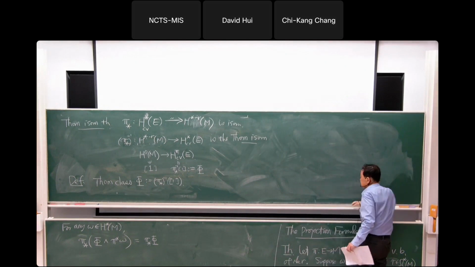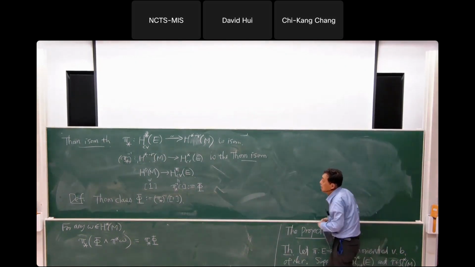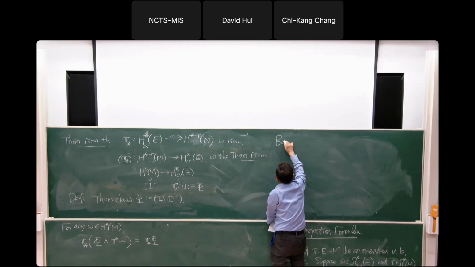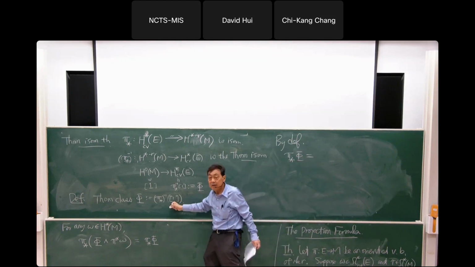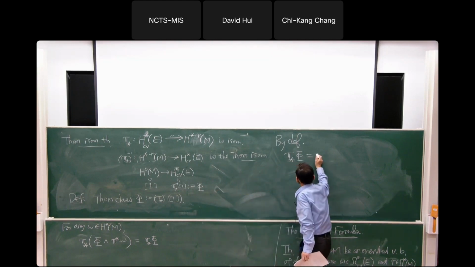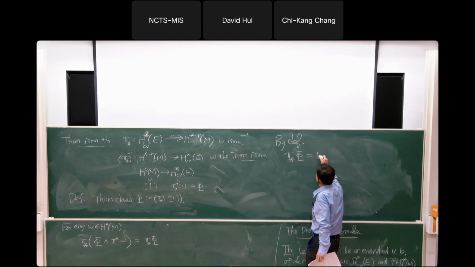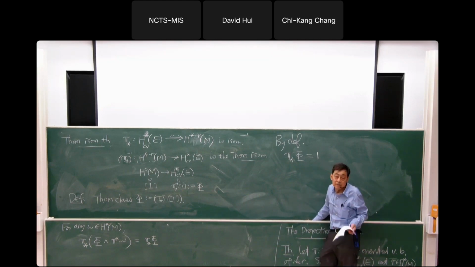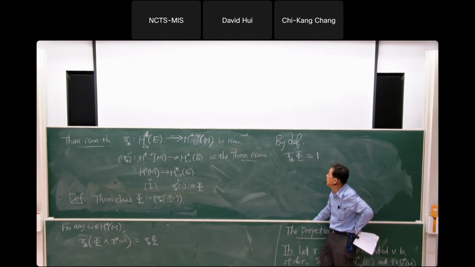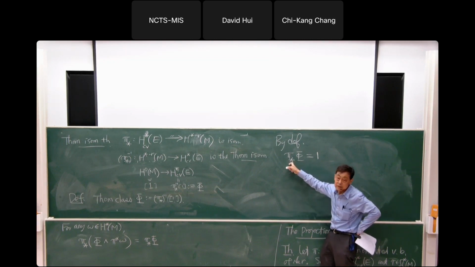From the definition, π lower star of φ is the class of 1. Okay, so if you think of it as a differential form, it's 1, and this is integration along the fiber.